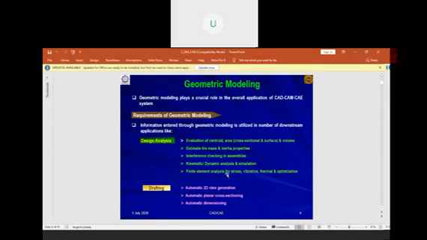Downstream applications include design analysis. In order to analyze any mechanism, for example if you like to carry out dynamic analysis, there are certain things you have to evaluate for your link. Link geometry might be complex. Centroid calculation is very important, along with cross-sectional area and volume, because you have to calculate the mass property and inertia property.